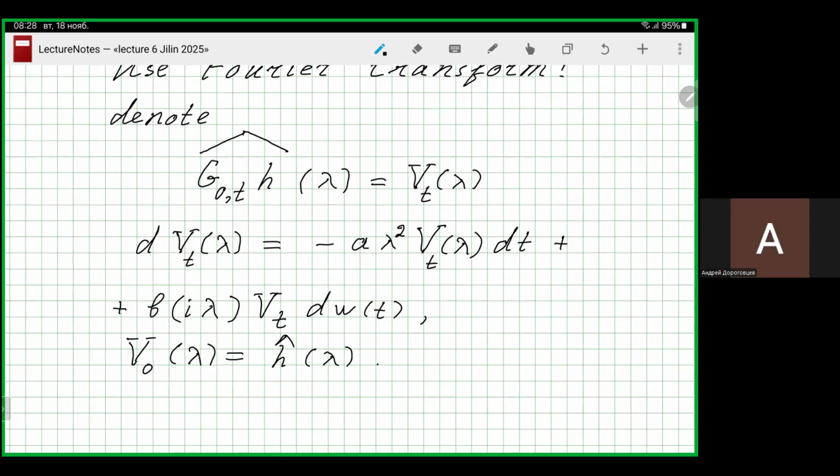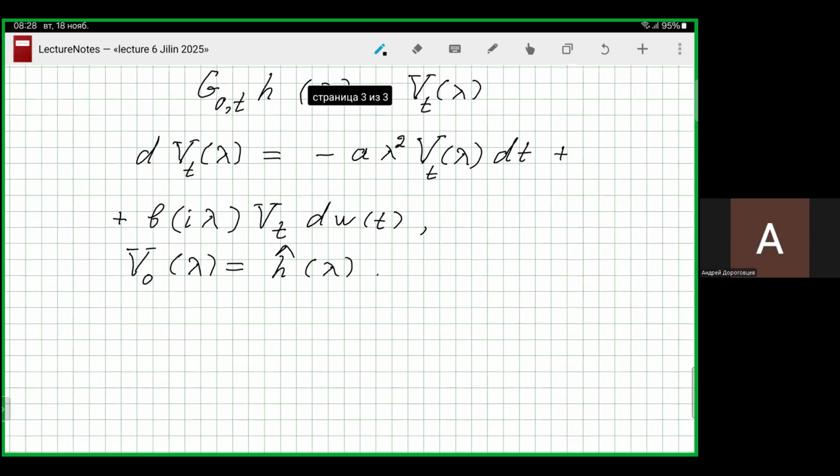This is again the equation for a stochastic exponent, so one can think that we can easily solve it, and it is true. As before, using the Ito formula, despite the fact that we have complex numbers here, everything is working, and one can write the solution to this Cauchy problem as a stochastic exponent.